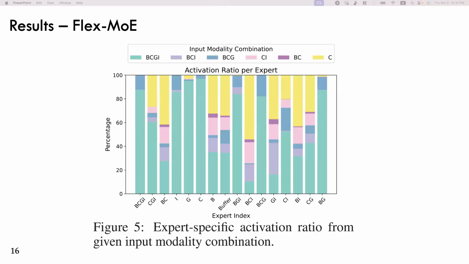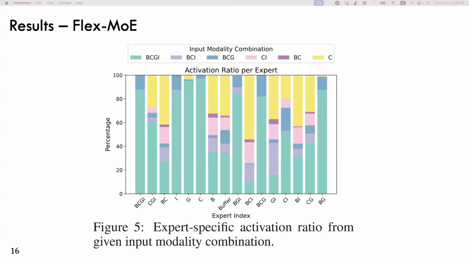You also have GI, which has no C, but also activates C. Another intuitive explanation is that genetics or image data convey some information that can be very helpful for patients with only C measurement, so it can be explained as cross-modality information.